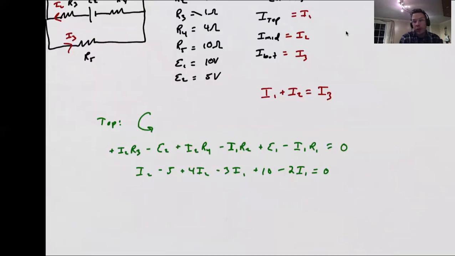Now, grouping all of our terms together, bringing all of our I1s with I1s and I2s with I2s, I see that this is 5 I2s in total minus 5 I1s plus 5 is equal to 0. Or another way of saying that is that I can move the 5 over to the other side and divide by 5, and that I2 minus I1 is equal to -1.